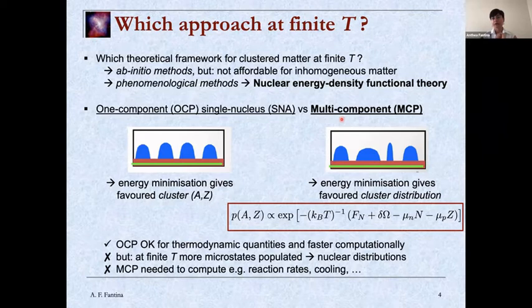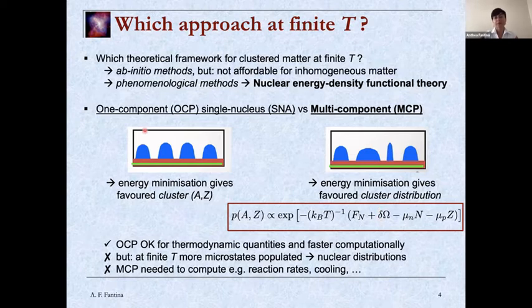And so your energy minimization procedure should give you the favored cluster distribution. And you can see here the expression for it, which looks like a Schrödinger equation, but is not. Indeed, we have terms like this one here that account for rearrangement terms. So I won't have the time to go into the details, but I will say a couple of words later on the importance of this term.